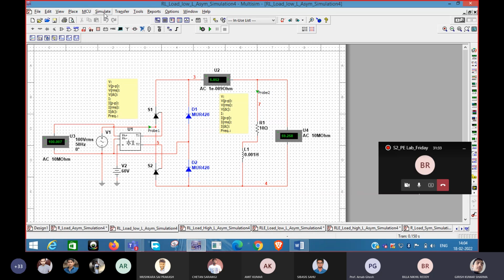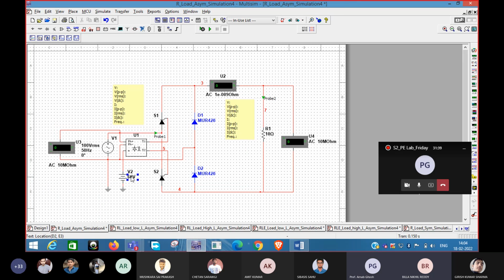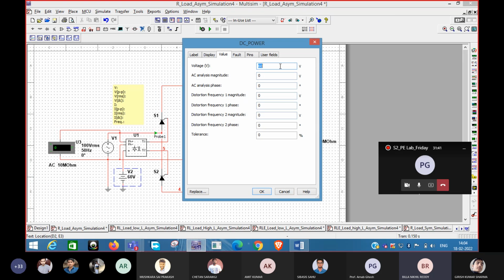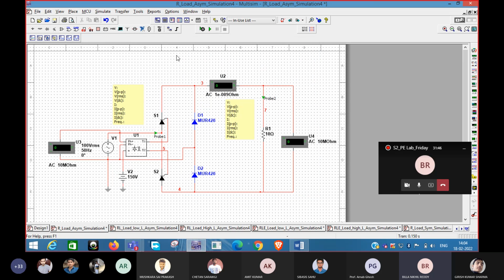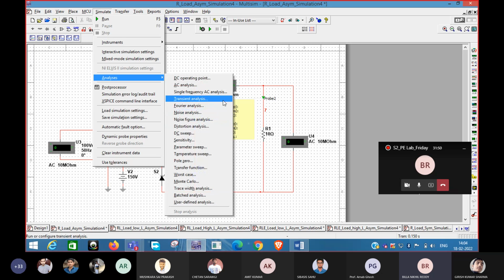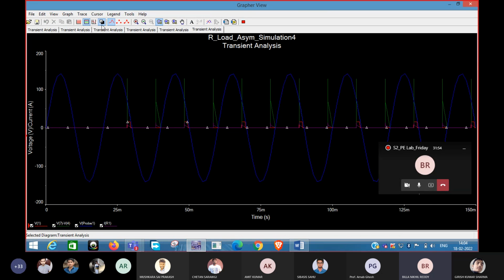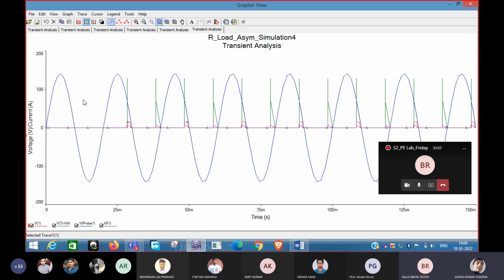Sir, make it 150 degree for R load. This is the output.